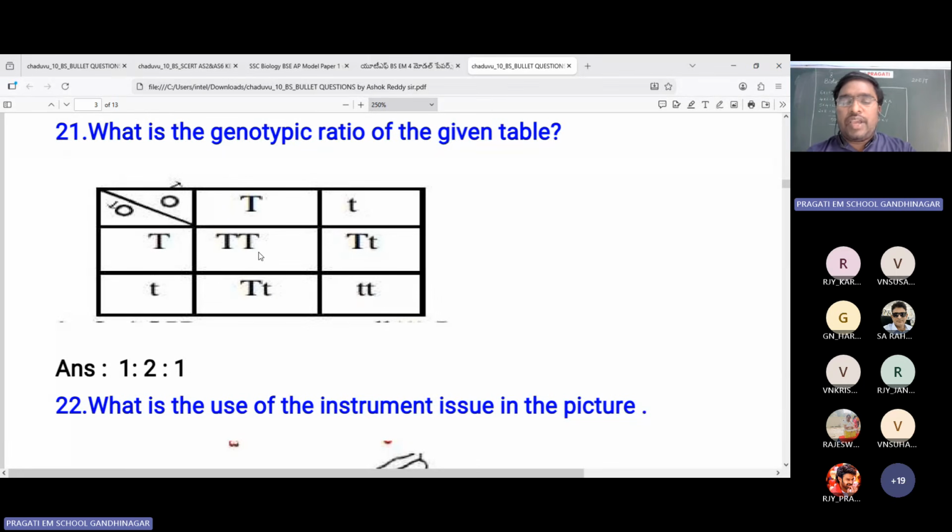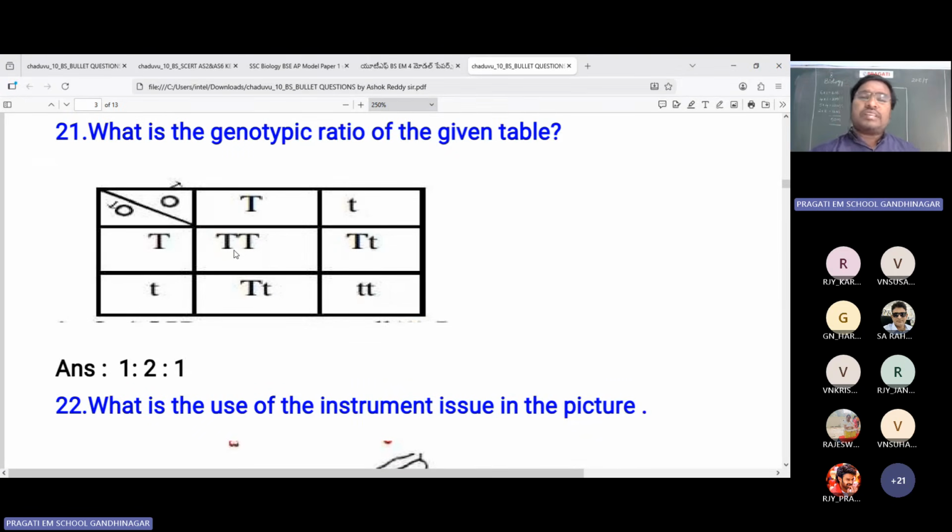So capital T capital T, capital T small t, capital T small t, and small t small t. Capital T capital T represents a homozygous allele. These are homozygous alleles. So two alleles we use to say a trait. This is a homozygous trait.